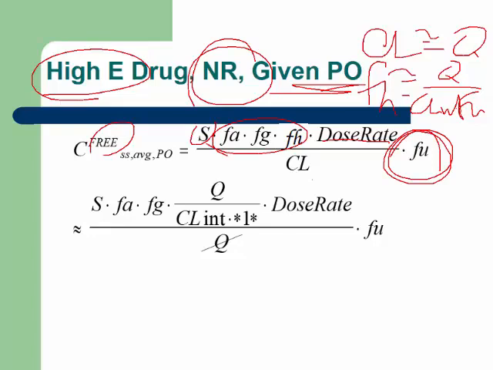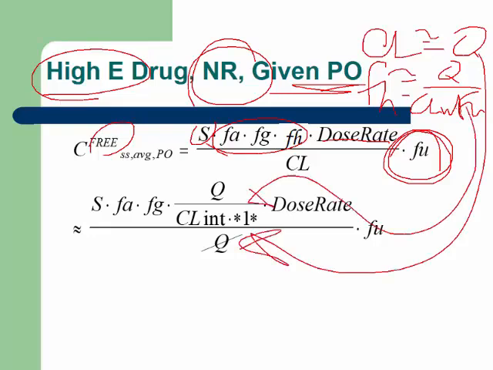Now we put in what we know about our high extraction drug. Clearance is equal to Q, and fraction that escapes first pass effect is equal to Q over intrinsic clearance times fraction unbound. But that fraction unbound, because it's non-restrictively cleared, becomes 1. So those Q's will cancel.